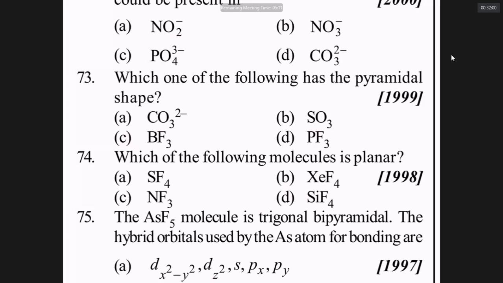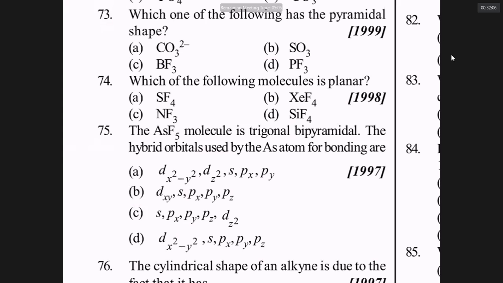NF3 is pyramidal. SiF4 is tetrahedral. Question number 75. Option C, sir. Option C is perfect.